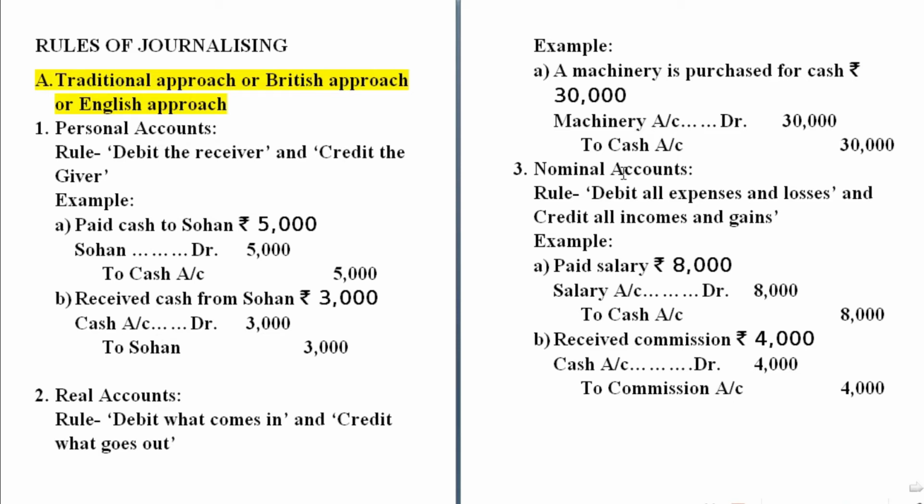Now you just have to understand which account is affecting in the question, and when you are able to say which account it belongs to, it becomes very easy to follow that rule and debit or credit that particular account.